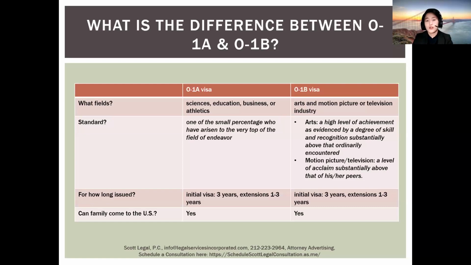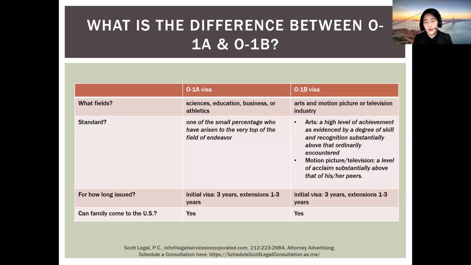Now, how long is the visa issued for? So the initial visa for both the O1A and O1B are issued for 3 years. Now, for extensions, you can apply for an extension if you are working on the same list of projects that you've initially applied for, then the extensions are for 1 year each.